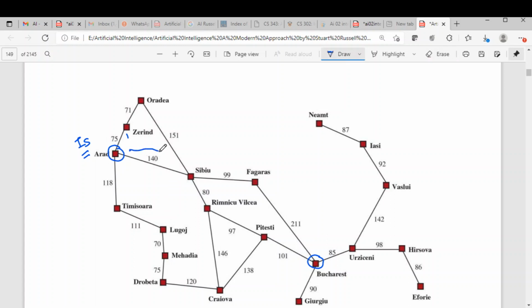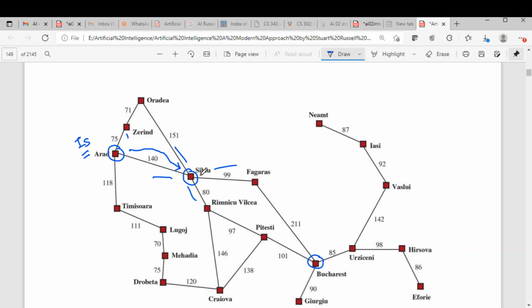At every step it tries to follow the heuristic path, or the best path. It reached Sibiu. Now from Sibiu there are four possibilities. It can go to Oradea, it can go to Arad, it can go to Rimnicu Vilcea, or it can go to Fagaras.